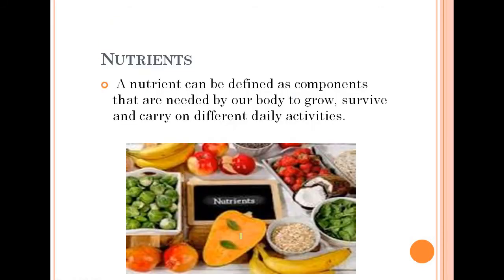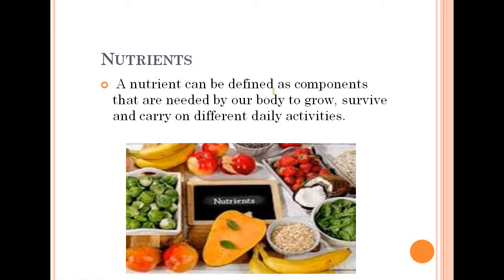Now we have discussed the substance that is present in the food, which we call nutrients. So what are nutrients? A nutrient can be defined as a component that is needed by the body to grow, survive and carry on different daily activities.